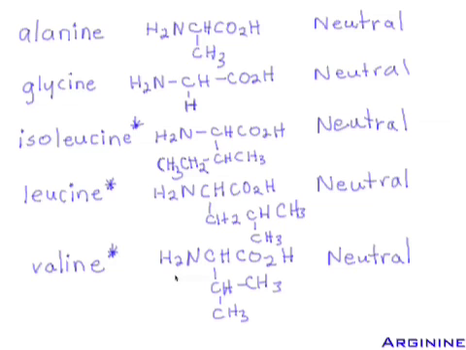Let's take a look at a unique amino acid, and just for the enjoyment of it, we're going to also look at its isoelectric point. That amino acid is arginine. Arginine is a unique one, and in some ways it's the hardest one to remember because it has a very complex side chain.